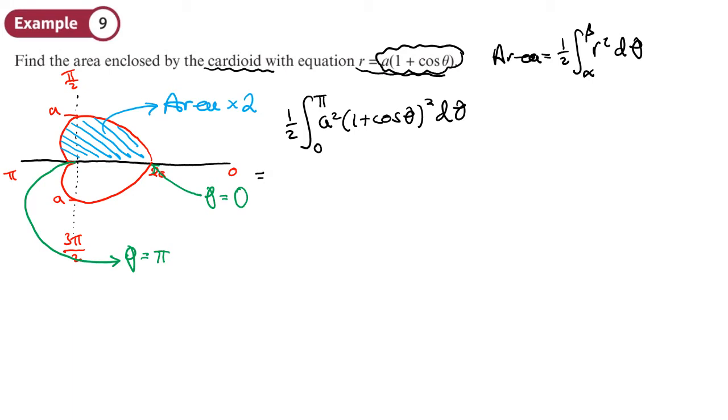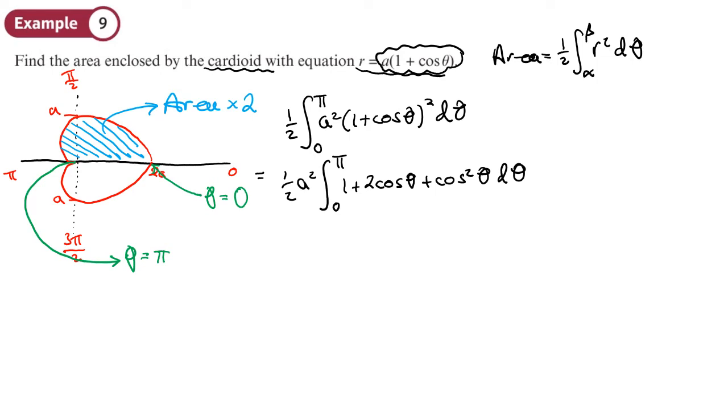From there, a is a constant, so that can go over to the other side. Our limits are still 0 and pi. Here we'll expand the bracket, so we get 1 plus 2 cos theta plus cos squared theta d theta.